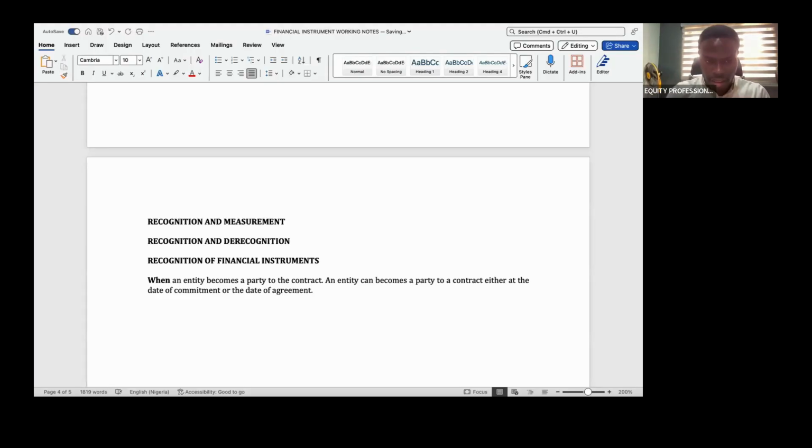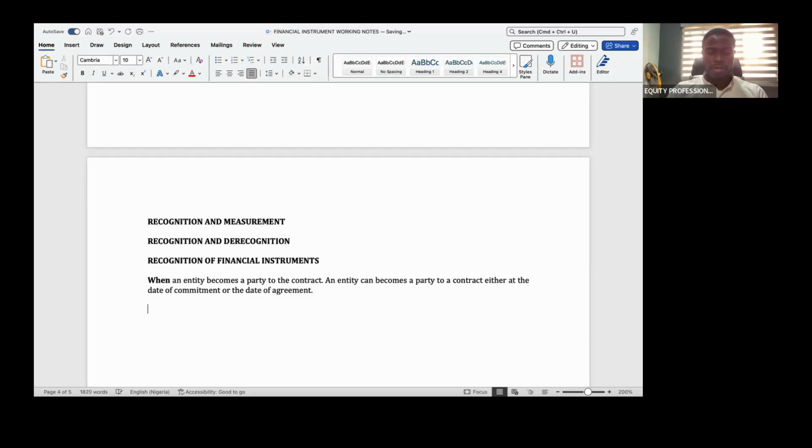So the date you enter into an agreement with the counterparty can be the date of the contract, the date where you become a party to that contract, or the day you drop money that, okay, invest this money for me. The date they sign the agreement or the date of commitment, that is the date you become a party to that contract. And it is at that date that recognition of financial instruments would commence.